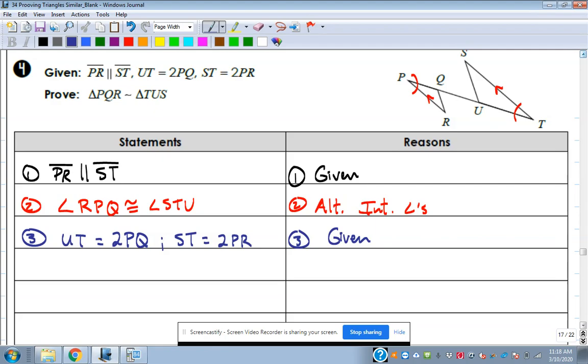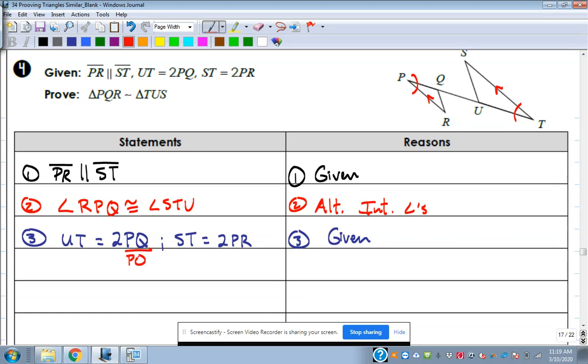The ratios. So we're going to build ratios out of that statement 3. How do you build a ratio out of that UT is equal to 2 PQ? You can do it that way. I'm going to do it a little differently.